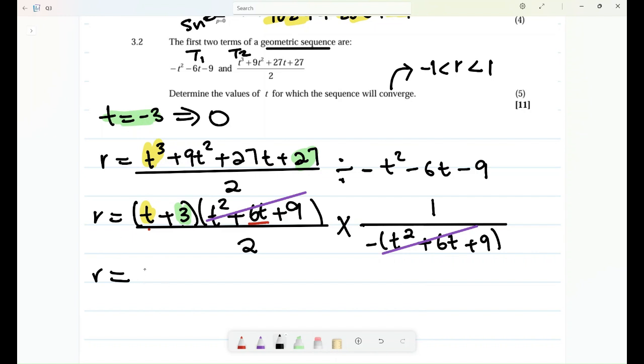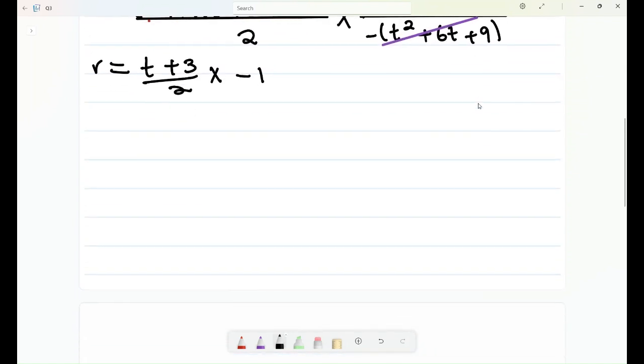So it's going to be t plus 3 divided by 2 multiplied by 1 divided by negative, which is the same as negative 1, right? So I know this simplifies to r. This simplifies to r being negative t plus 3 divided by 2.